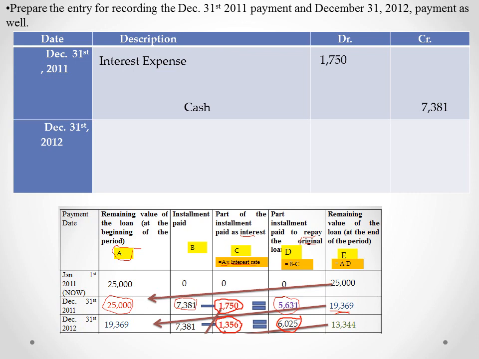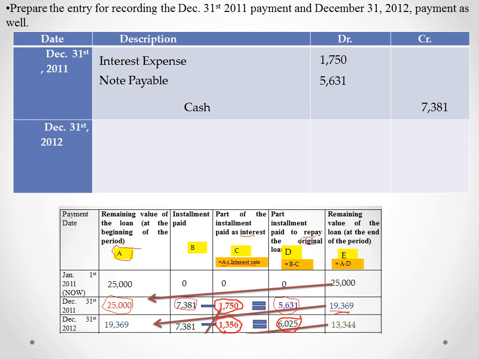Randa will treat it as a reduction in its liability because she repaid part of it. Remember that when Randa borrowed the loan, she credited the liability, she credited notes payable by $25,000. Now she needs to debit the liability to indicate that part of it decreased.